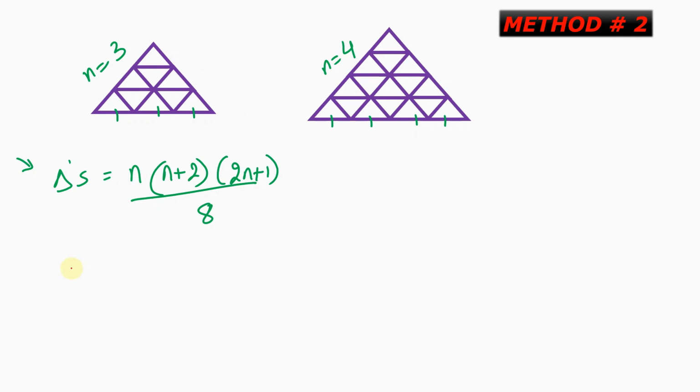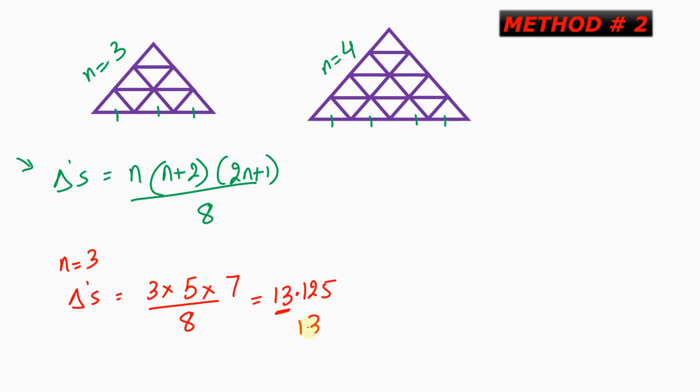Now for n equals 3, the number of triangles will be 3 into 3 plus 2, which is 5, into 2 into 3 plus 1, that is 7, divided by 8. This quantity comes out to be 13.125, and therefore we take the integral part only and say that the number of triangles is 13.